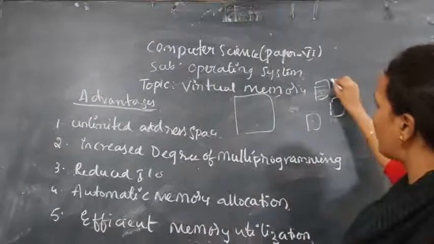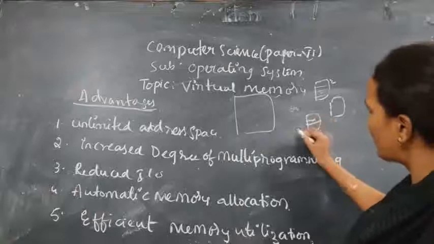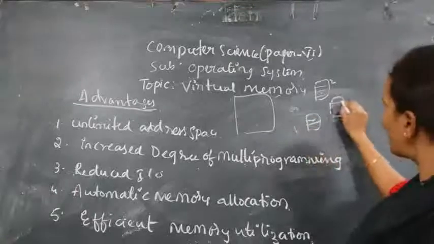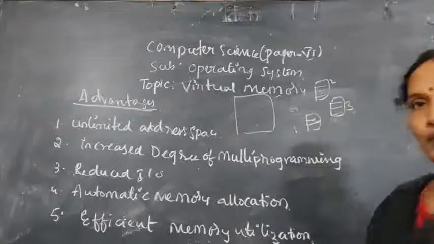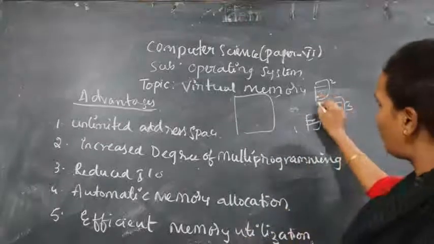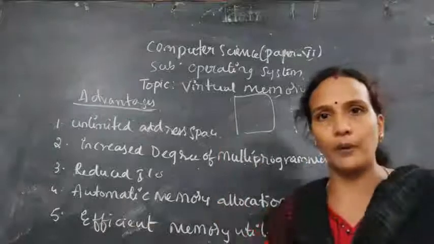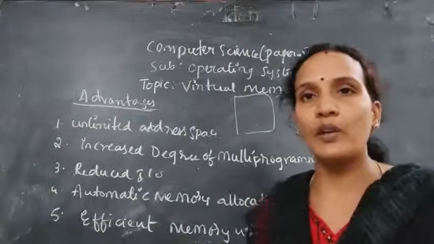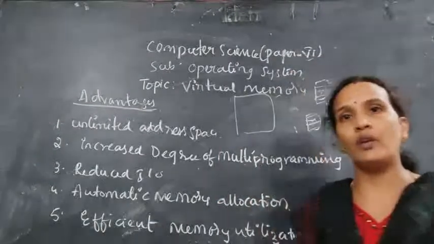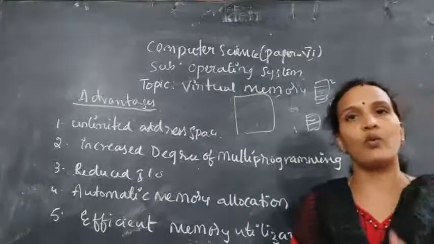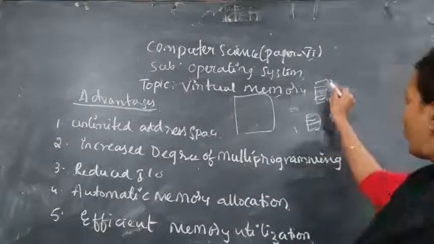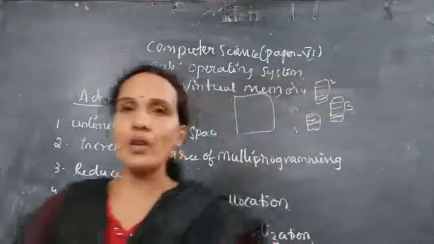From this process we need only 2 pages, from this process only 1 page, from this process only 3 pages. Here we have a number of pages, but we are not loading all the pages. With the virtual memory concept, we are loading only the pages which are required to execute.